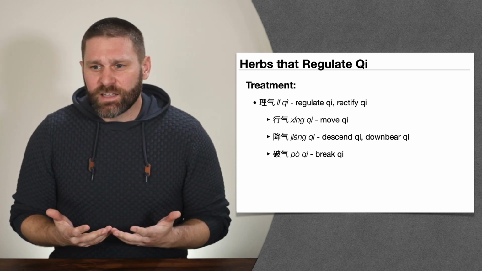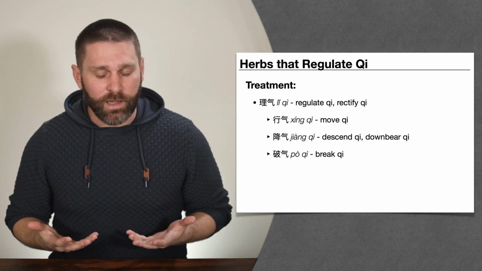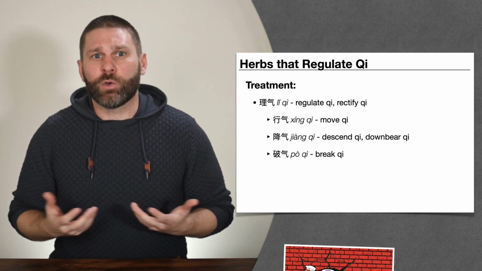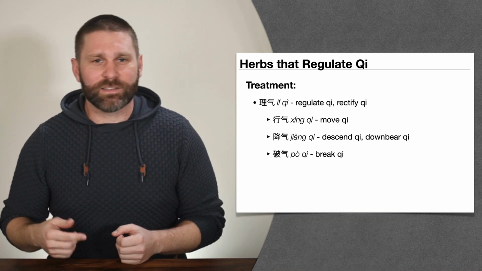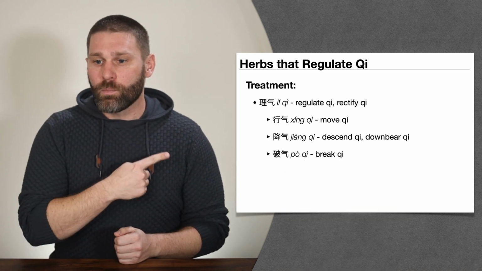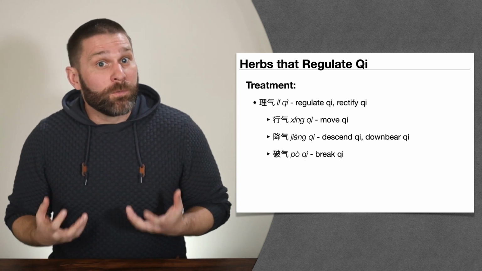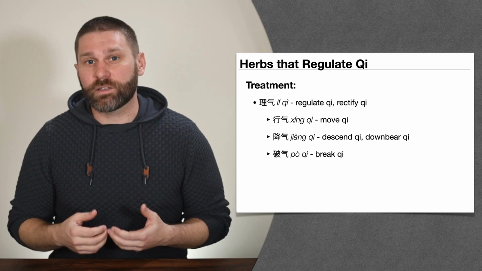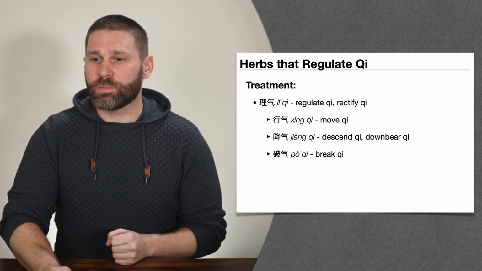Really, this is kind of the same as moving qi. It's just much stronger in its action. A lot of times I think about the Kool-Aid man bursting through a brick wall and shouting, "Oh yeah." That's kind of the mental image I have for breaking the qi. So it's the same as moving qi, just much more forceful, much stronger in action. That's another term we might see pop up as we go through these herbs.